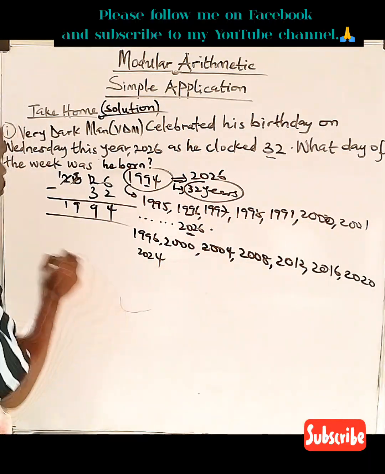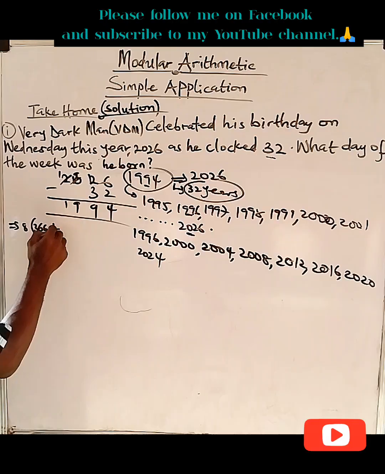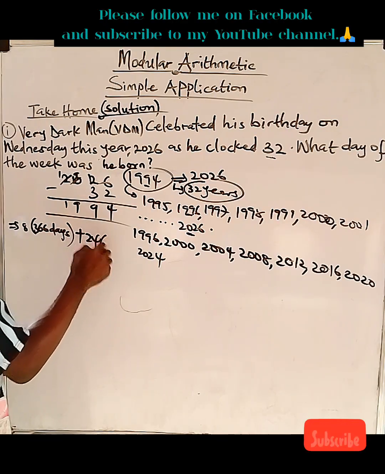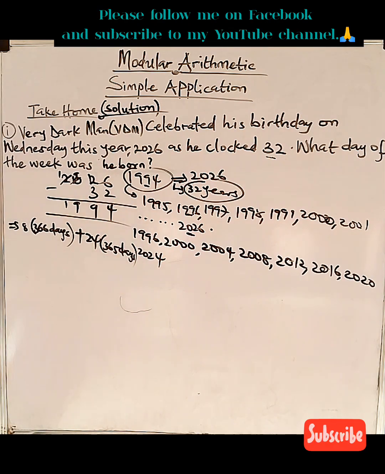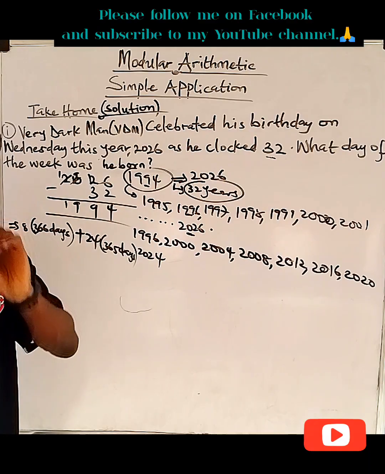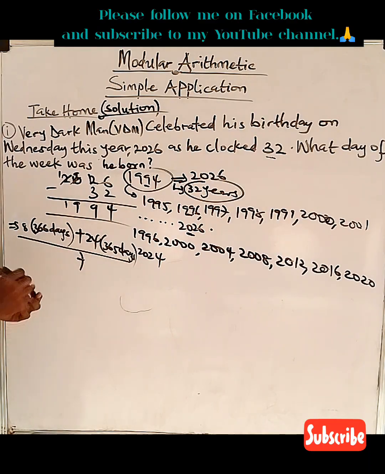So altogether, we have 8 years of 366 days, which are leap years, and then 24 normal years of 365 days. Don't forget that when it comes to years, months, weeks, and so on, we use modulo 7 as a mode of operation. So we're going to divide all this by 7. Now don't forget something.